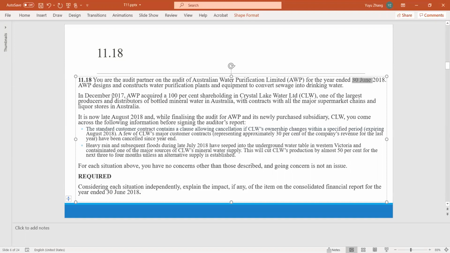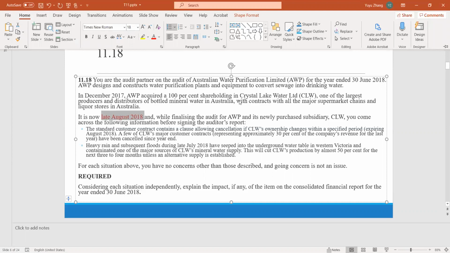In December last year, the company acquired 100% shareholding in Crystal Lake Water Limited, one of the largest producers and distributors of bottled mineral water in Australia, with contracts with all the major supermarket chains and liquor stores in Australia. Now it's late August 2018.